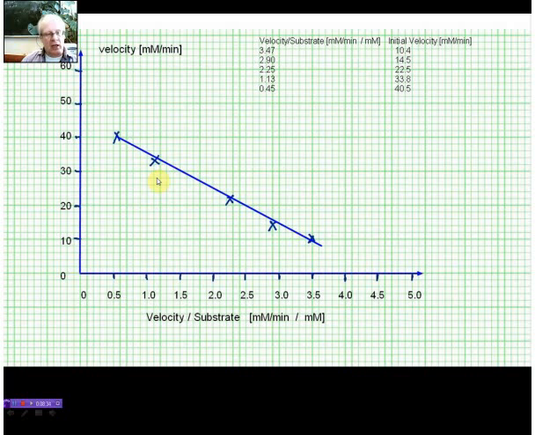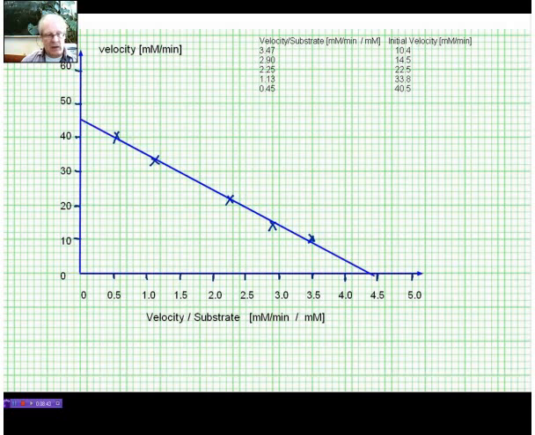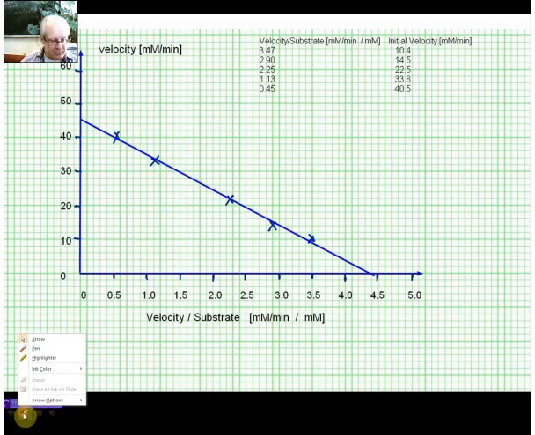And what we then can do in order to find out our Vmax and the parameters is extend this line, and we get these intersects with the y and x-axis.